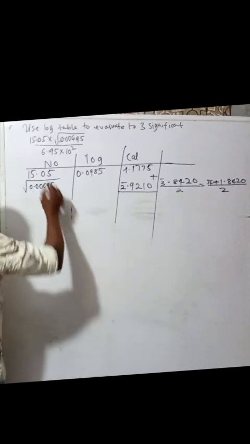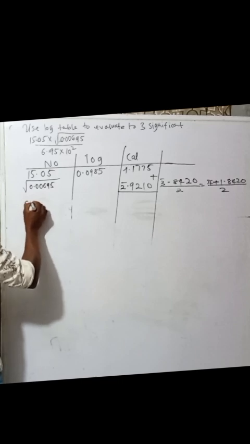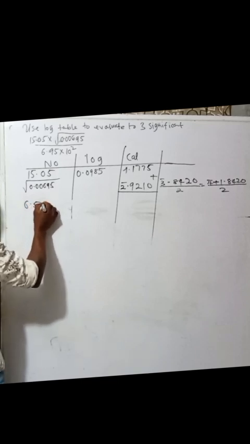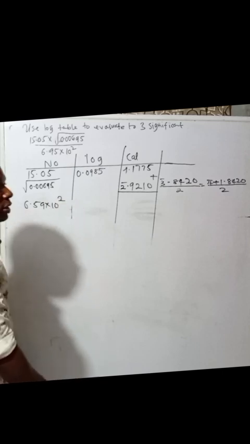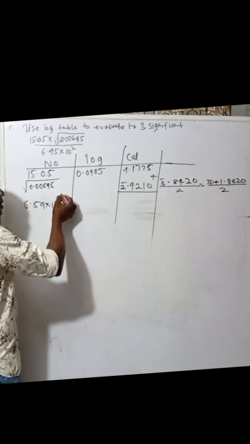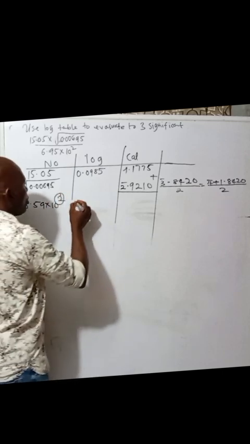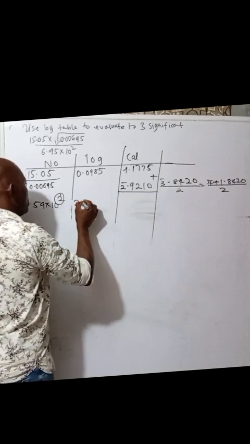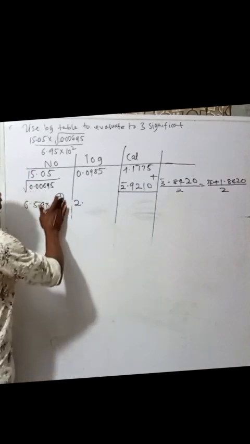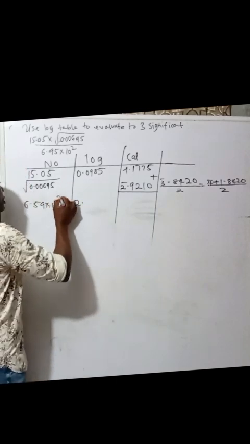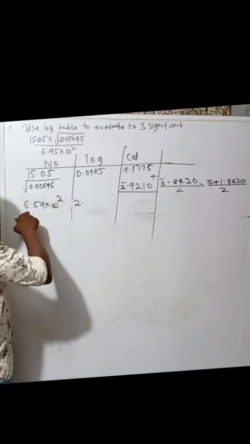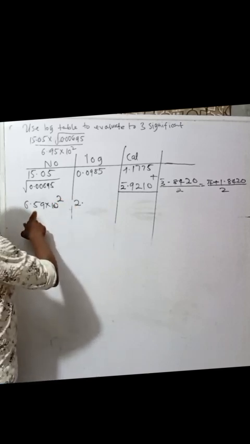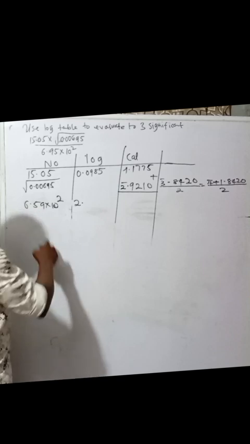So the next one is the denominator, 6.59 times 10 raised to the power of 2. This one is already in standard form. So the characteristic is just this. The characteristic is 2. So we're going to look at log 65 under 9.